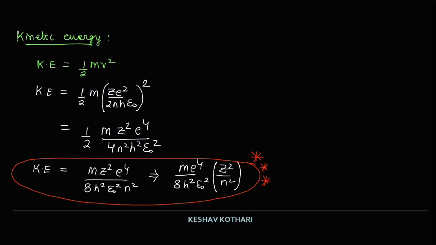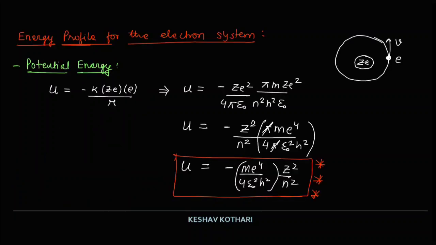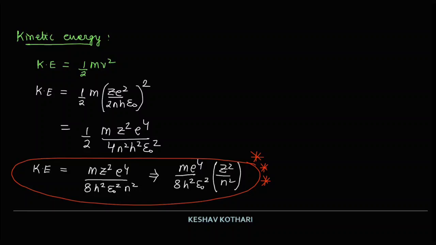If we look carefully at the equation of the potential energy, which is minus of m e to the power 4 upon 4 h square epsilon naught square z square by n square, and the expression for kinetic energy, which is m e to the power 4 upon 8 h square epsilon naught square z square by n square, we are in a position where we can write the total energy for the electron in the nth Bohr orbit.